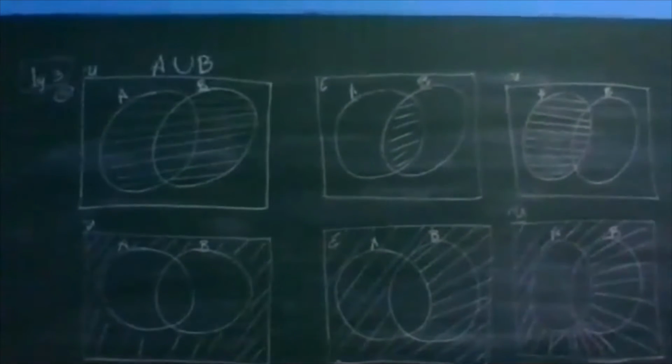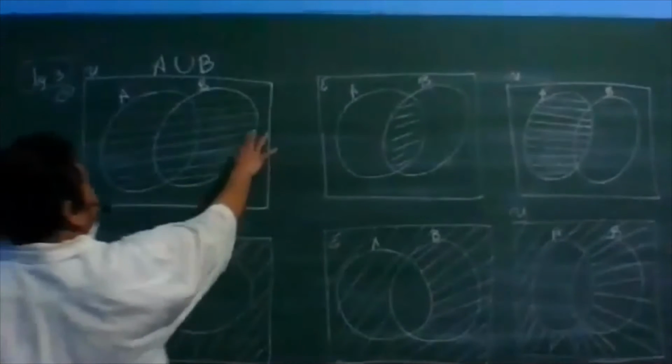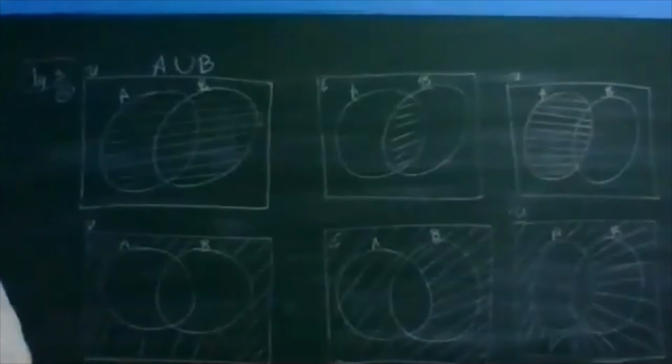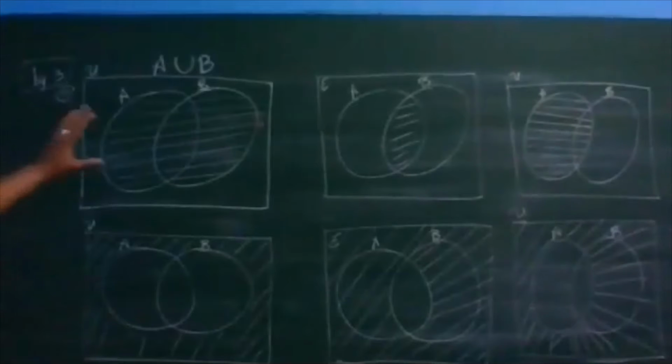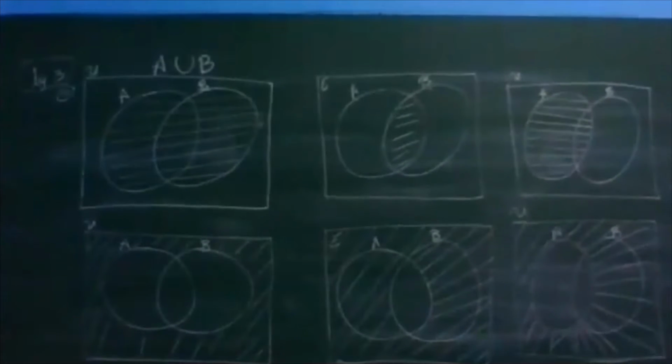Questions? Yes, sir. Please go over one more time, like on the top. All right, so we look at the Venn diagram, and we notice that the part that is shaded is what we want to name.